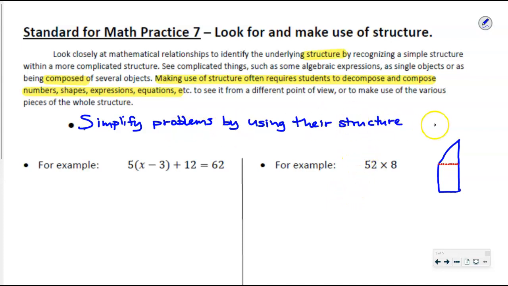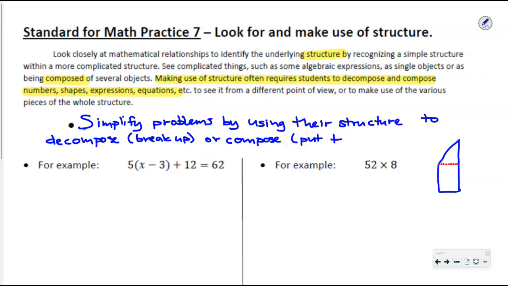So simplify problems by using their structure, specifically to decompose. It means we're going to break up. Or compose, which means to put back together. The parts of the problem.